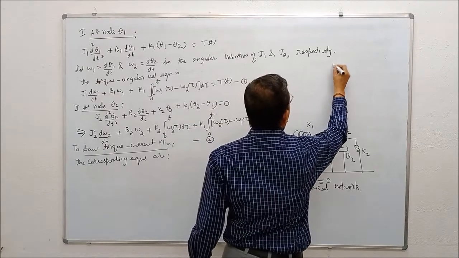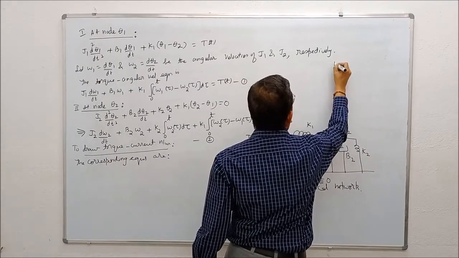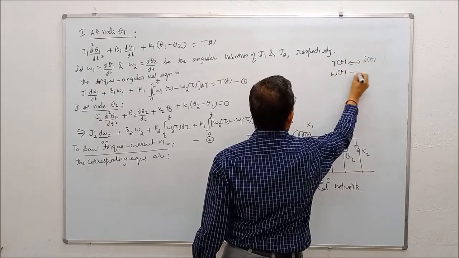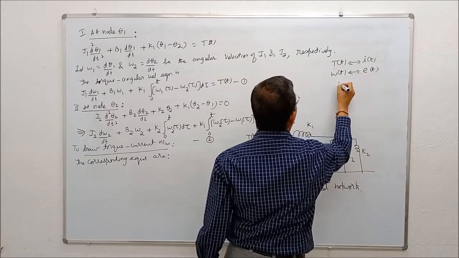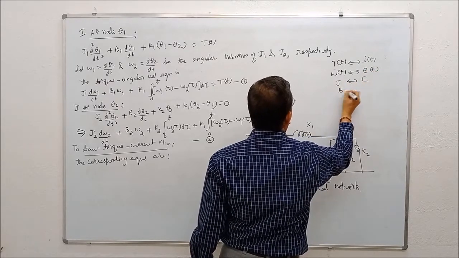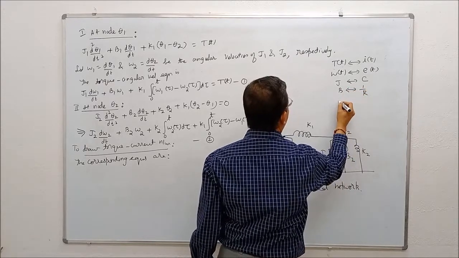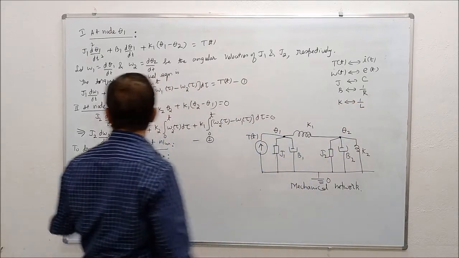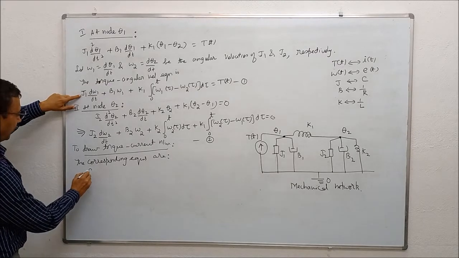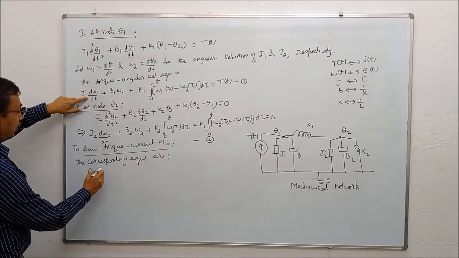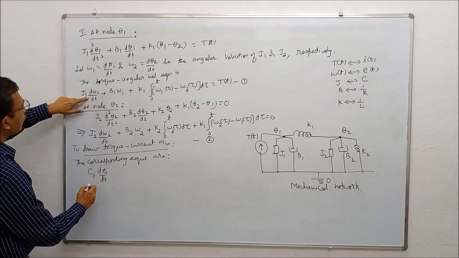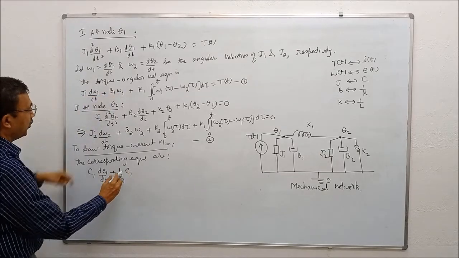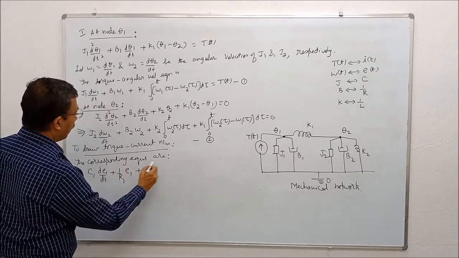Remember this: T(t) is replaced by I(t), ω(t) is replaced by E(t), J is replaced by C, B is replaced by 1/R, and K is replaced by 1/L. So J1 is replaced by C1, ω1 by E1, B1 by 1/R1, and K1 by 1/L1.